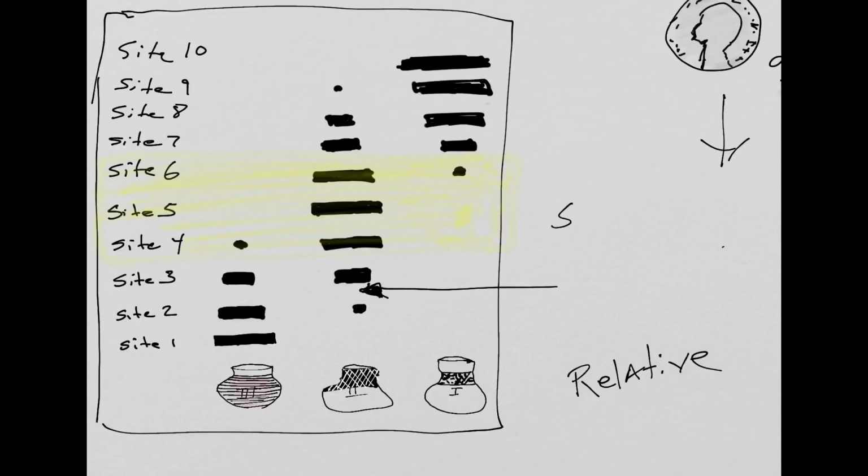That's S-E-R-I-A-T-I-O-N. Seriation. It's this process of obtaining a relative date by comparing artifact frequencies of unknown sites with the artifact frequencies of known sites.